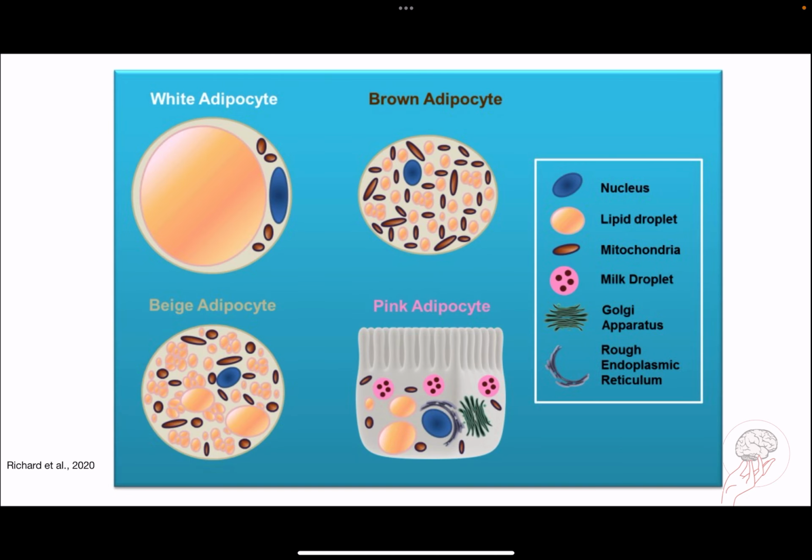So just a brief overview that we do have different types of fat cells. The ones we're probably the most familiar with are the white adipocytes. And white adipocytes have a big fat droplet. And for a while, these were almost considered completely inert. They're not completely inert, but they have a very low metabolic rate. They don't need to contract.